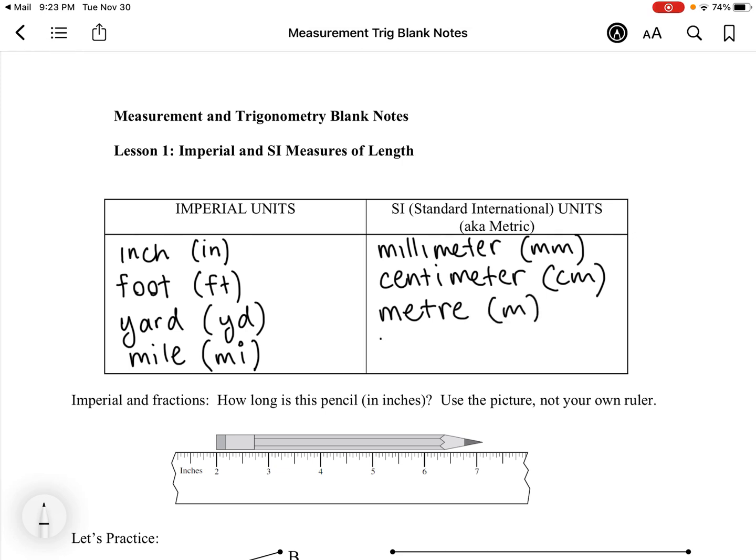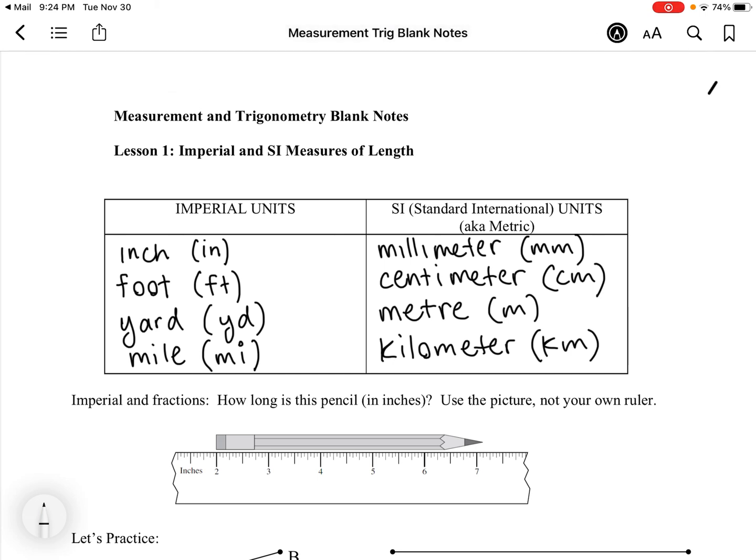And then there's the kilometer. Actually there are units in between, for example, something called a decameter or a decimeter. There's various other units as well, but we don't really see them in everyday use very much. So these are the four that are most commonly used.